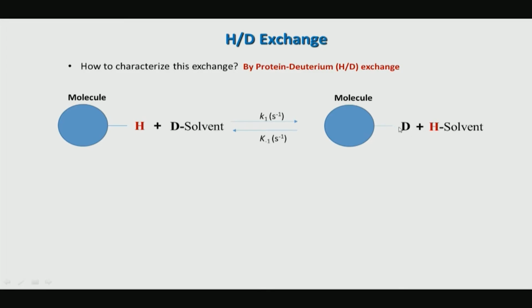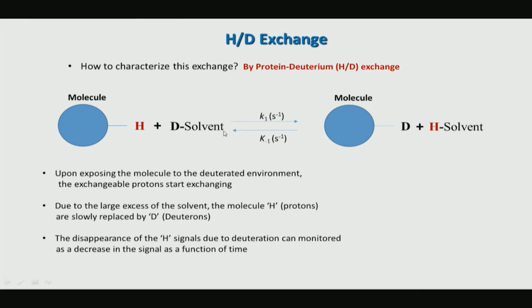Because of this deuteration, the signal from this hydrogen is gone. That means the chemical shift delta A which was coming from here, the peak now disappears. Why does it disappear? Because now it is replaced by a deuteron, and therefore the signal is lost.